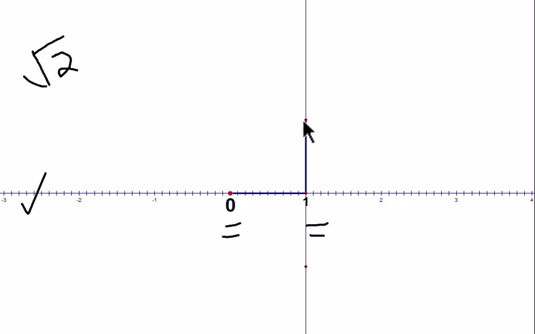So what we have now is a right triangle with each of the legs equal to 1 unit. So by Pythagorean theorem, this hypotenuse will be square root of 2 units. And now you can go ahead and take this origin as the center and this segment as radius, and then draw a circle.